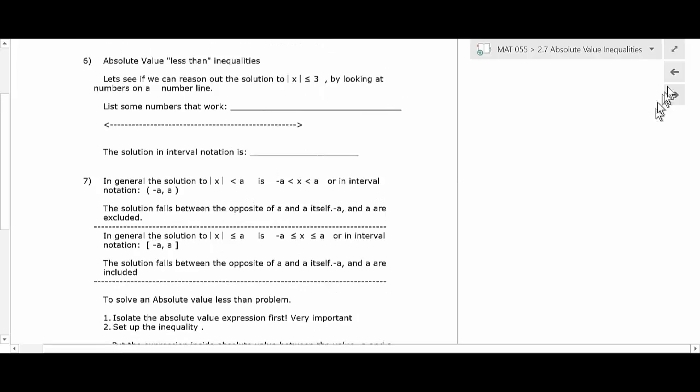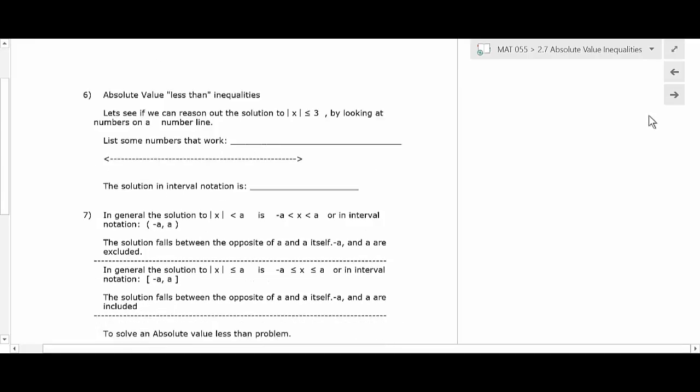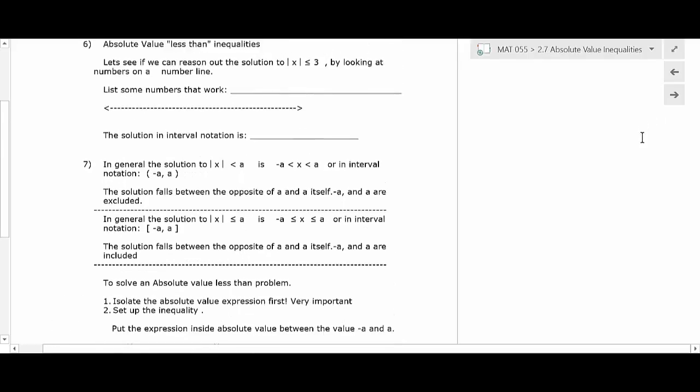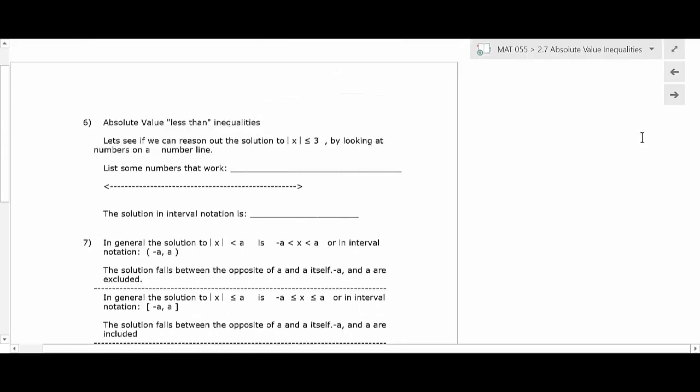Okay, so we're going to start with absolute value less than inequalities, kind of like this. What I want to introduce you to is how you do an absolute value inequality. What we did in the last section, 2.6, and you don't need to write this down, we were doing equations, right?